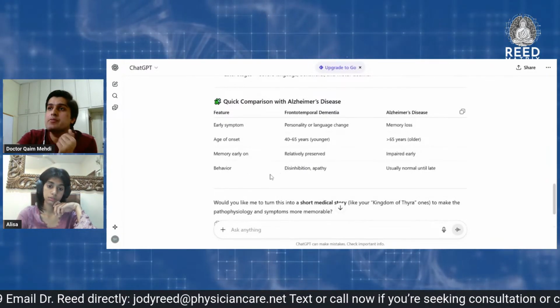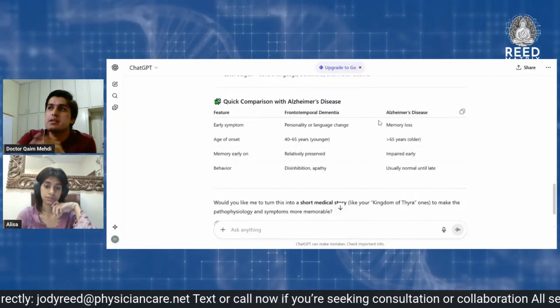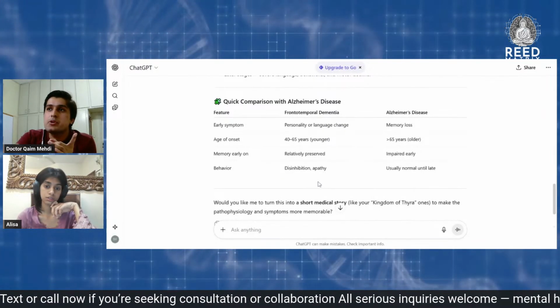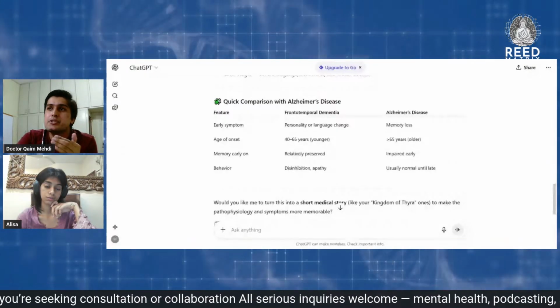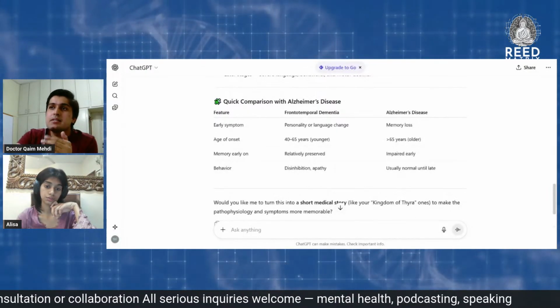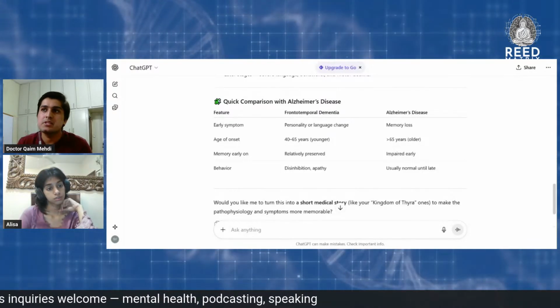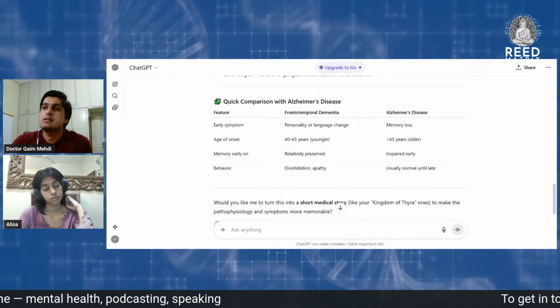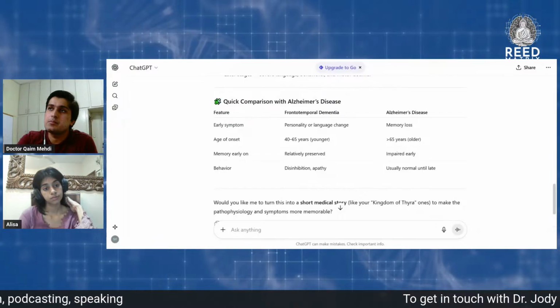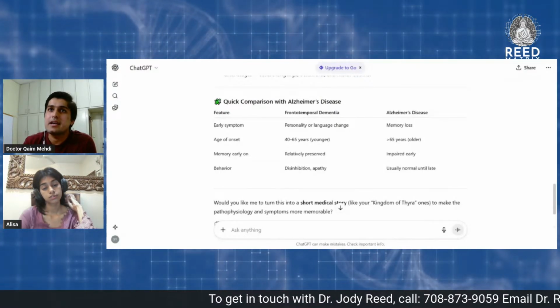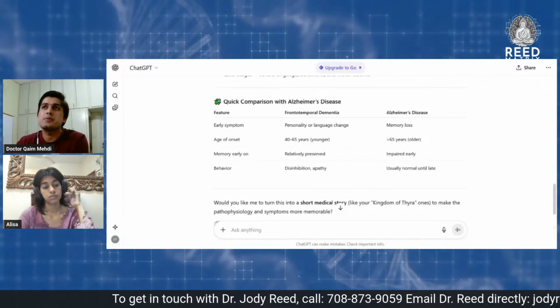If we talk about behavioral differences between these two diseases, in frontotemporal dementia there is disinhibition and apathy. Disinhibition will lead to obsessive compulsive disorder, and apathy. We all know that the person will lose the ability to understand other people's point of view.